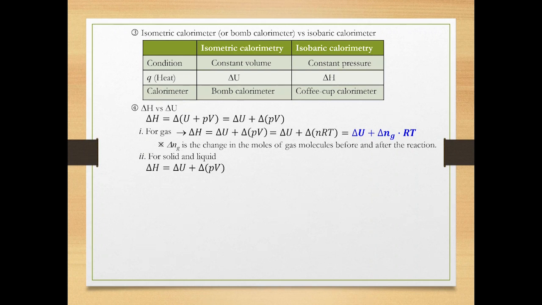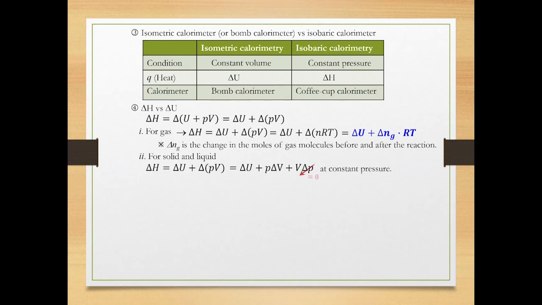It is because there is almost no volumetric change in the reaction that involves only solid or liquid or both. The delta PV can be written out to P delta V plus V delta P utilizing the product rule.